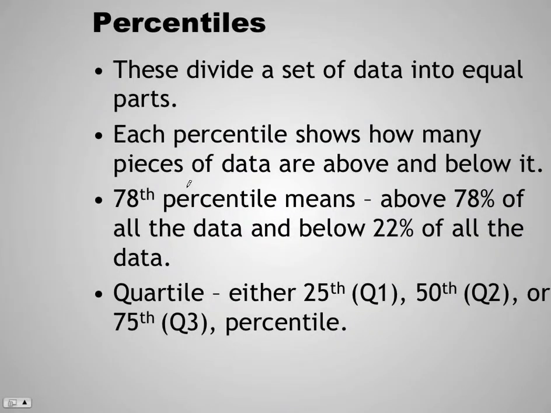And one last box for you there. Percentiles. So percentiles divide a set of data into equal parts. Each percentile shows how many pieces of data are above and below it.